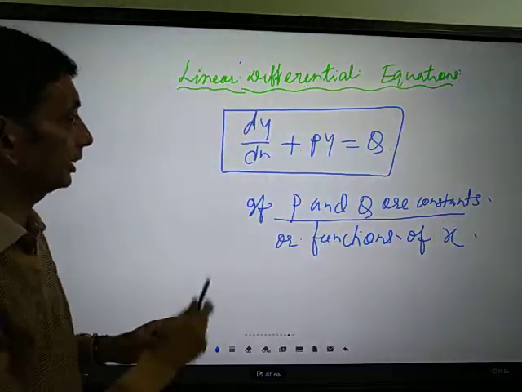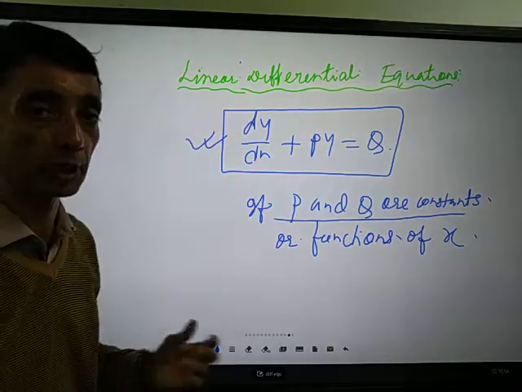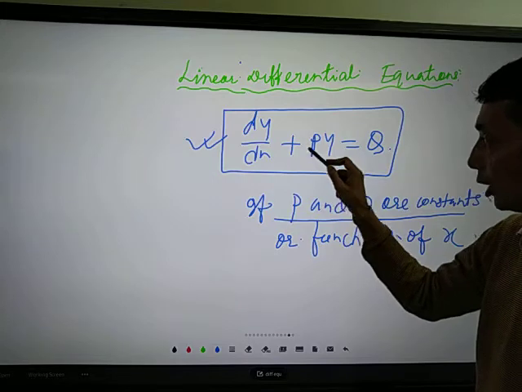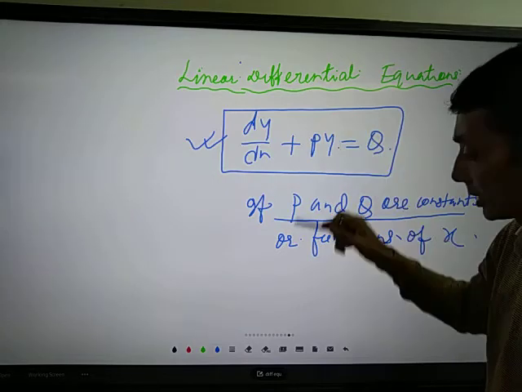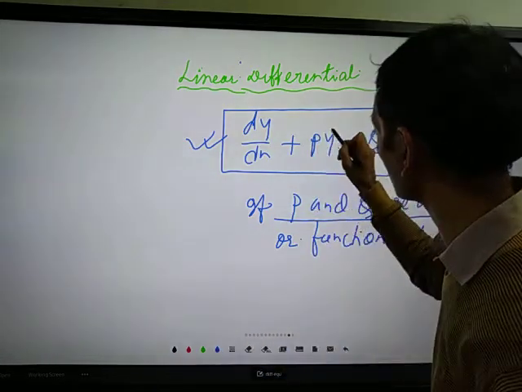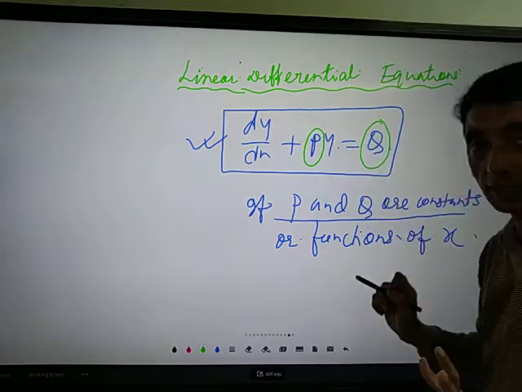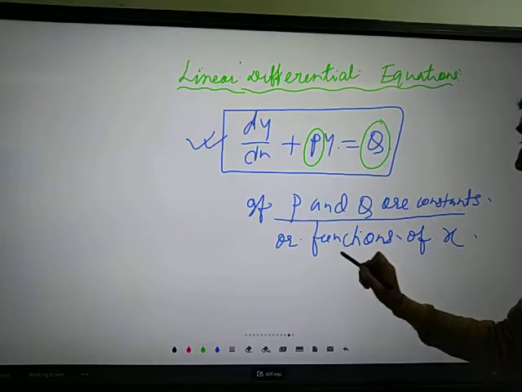Then this particular differential equation is said to be a linear differential equation, dy by dx plus py equal to q. Remember this, these two terms are very important, p and q. These two terms can be constants or functions of x.